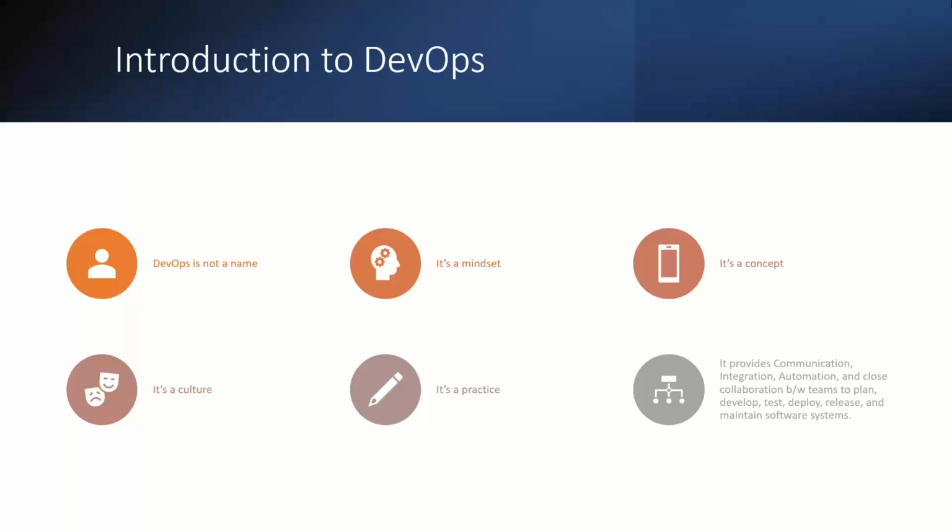Now remove everything that you got about what DevOps is. DevOps is not a name at all. DevOps is actually a concept. It's a culture, it's a practice, it's a mindset, whatever you name it.